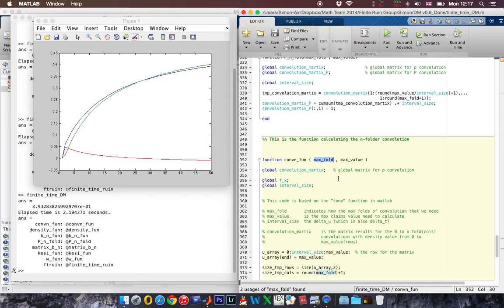The second row and the second column of this matrix indicate the two-fold convolution of your density function with the parameter at the interval size, and the third row at the same column, which is the second column, would say the two-fold convolution of your density function at the parameter value of 2 times your interval size.